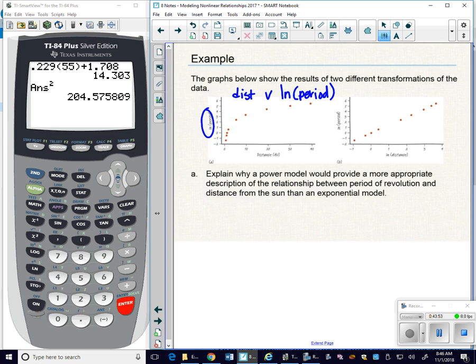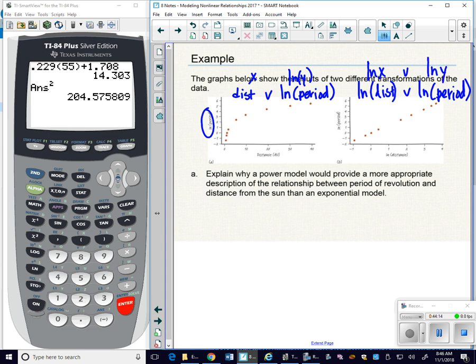So in this relationship, I'm looking at x versus the natural log of y. And then in part B, this is a different transformation where I'm looking at the natural log of the distance versus the natural log of the period. So we actually are looking at the natural log of x versus the natural log of y.